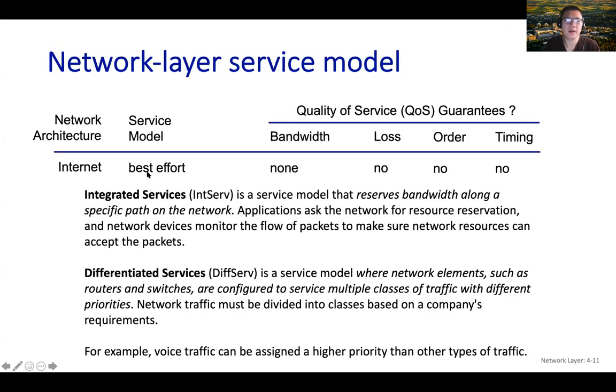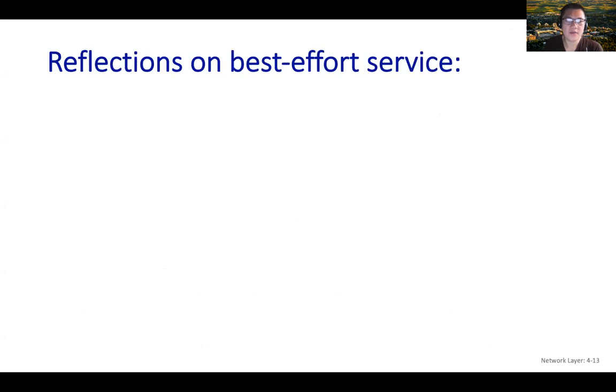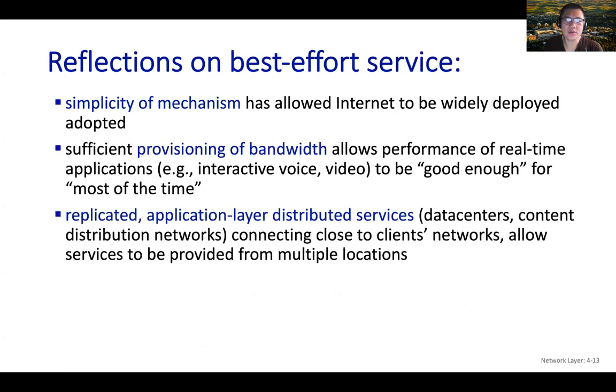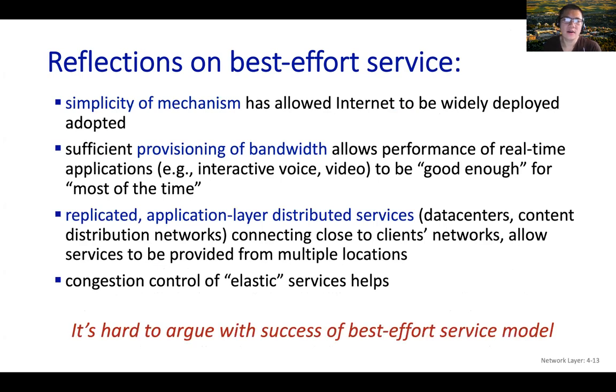Okay, here it is. So the reflection is why we need to use a best effort service. I think it's hard to argue that the best effort service for the internet is not successful, right? You allow a lot of things. This simple mechanism allows the internet to be widely deployed.